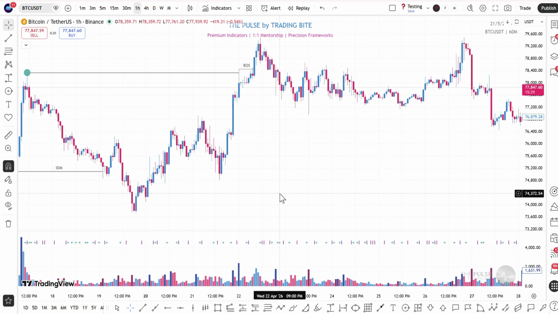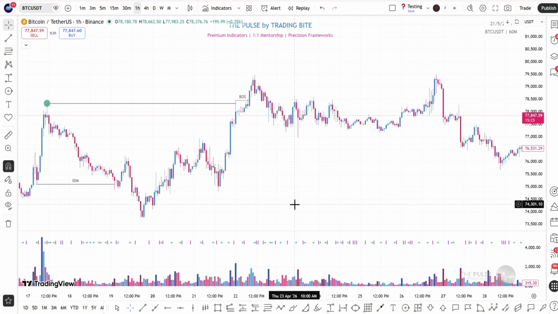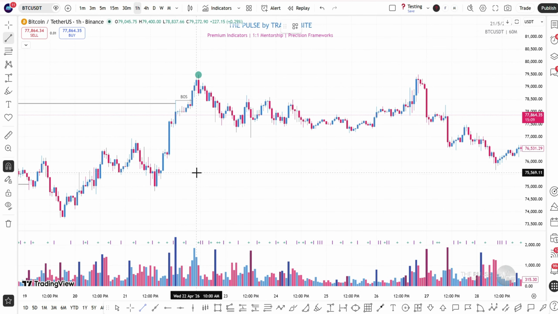Now if we look at this side again, our new high point is right over here, and we have to find our valid liquidity. So we have to find the highest candle that has gone through the low point.